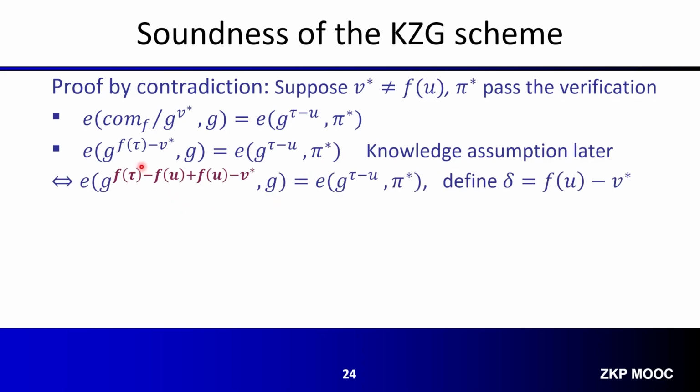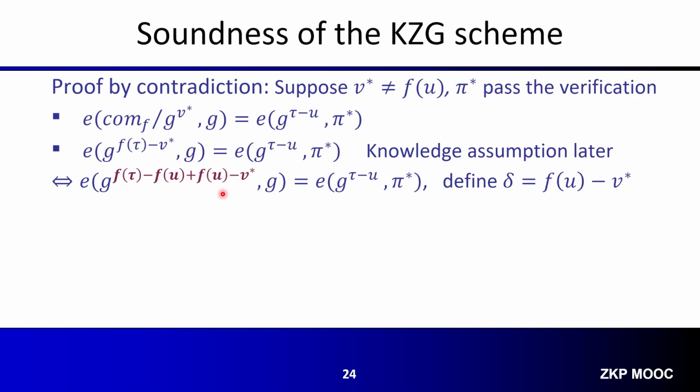So if we're good with writing this commitment as g^f(τ), then the next step is the key idea of this security proof. Because this v* is different from the real evaluation f(u), we are going to subtract f(u) from this value in the exponent and then add it back.